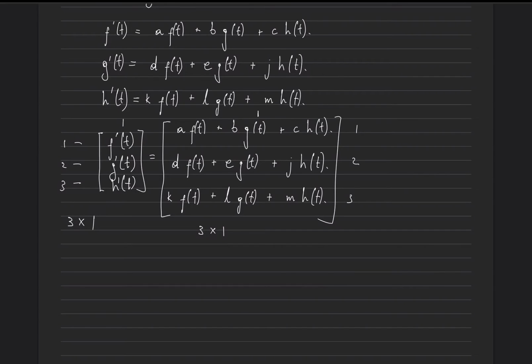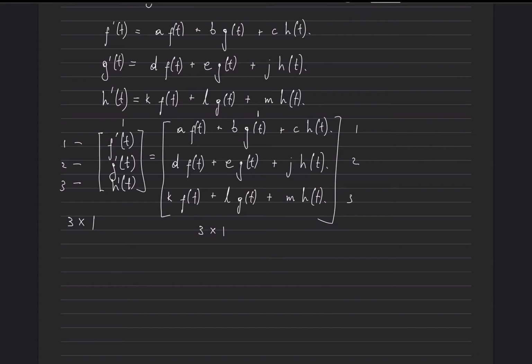Okay, now let's focus on the right hand side. This can be written as a product of a matrix multiplied by a column vector.